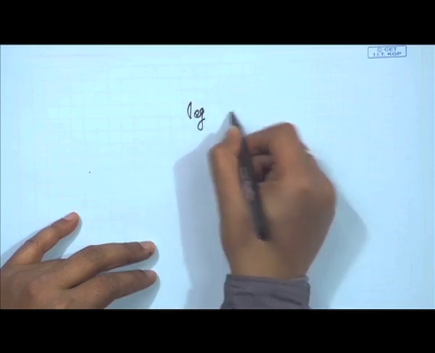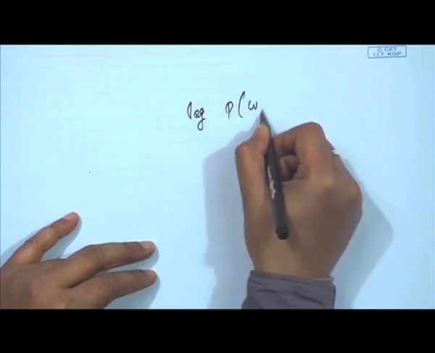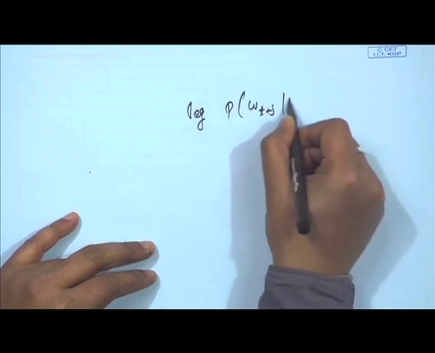So let us say we have a window where I am having small c words in the left, small c words in the right. So what can be my training objective? It can be, I am trying to maximize, suppose I take log probability of W t plus j given W t.